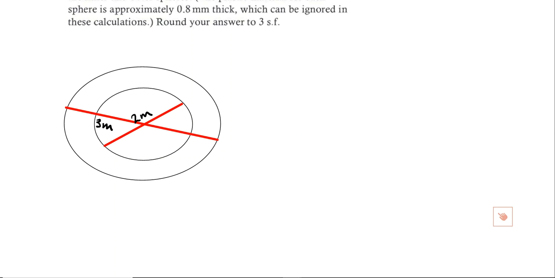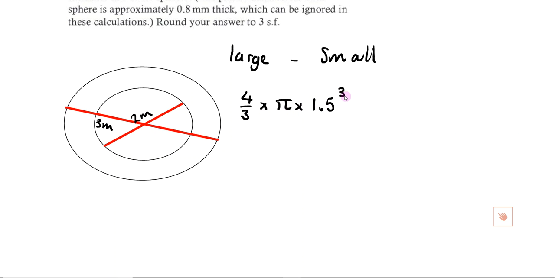So basically what we're trying to do, always in these kind of situations, it's like doing a 2-dimensional ring, but it's in 3D. We work out the larger one and we subtract the smaller one. So large take small, but it's volumes. So we should do the volume of the larger one, which is 4/3 times pi times r cubed, that is 1.5 cubed.